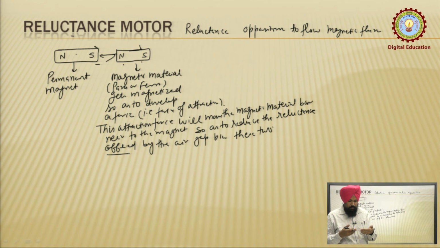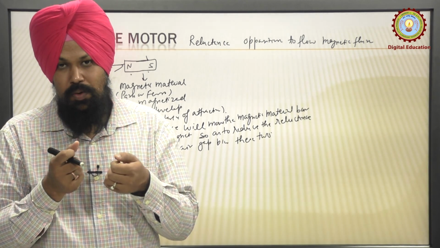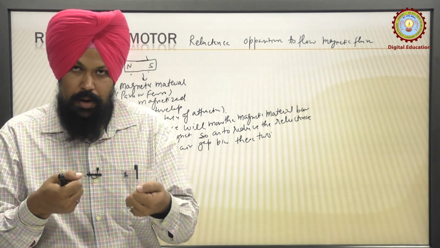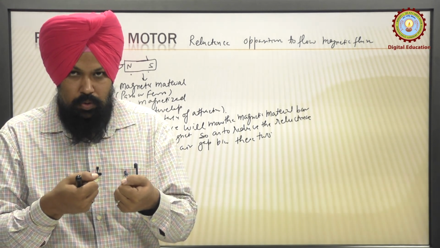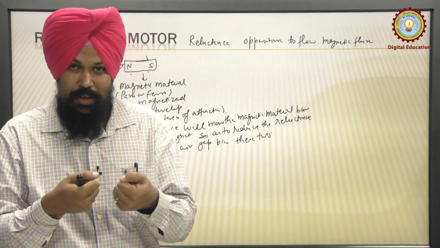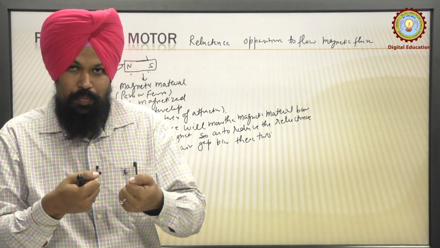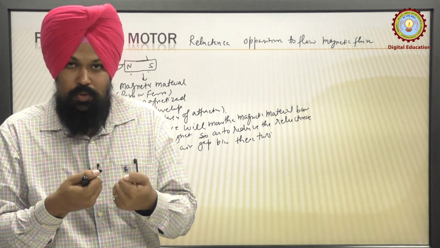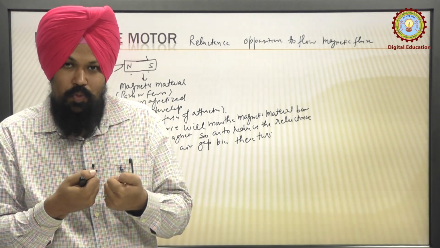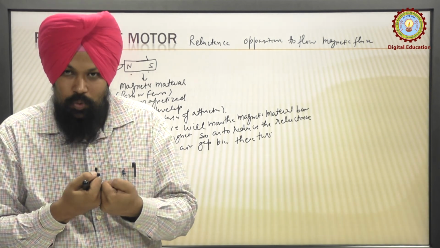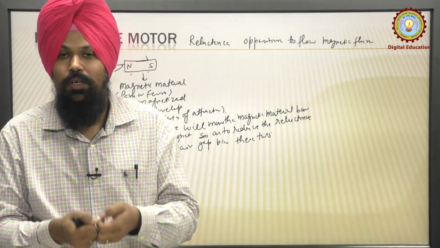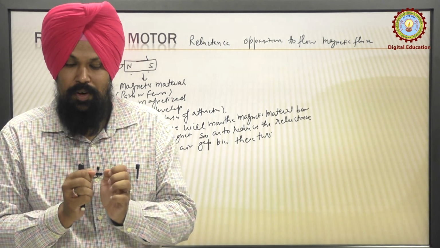When we close these two, the force of attraction tends to move the bar magnet towards the soft iron, or the soft iron towards the magnet, so as to minimize the air gap. This force is responsible for reducing the air gap, and thereby the reluctance offered by it.